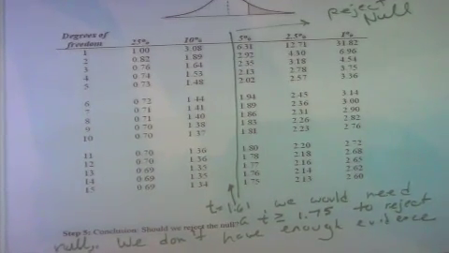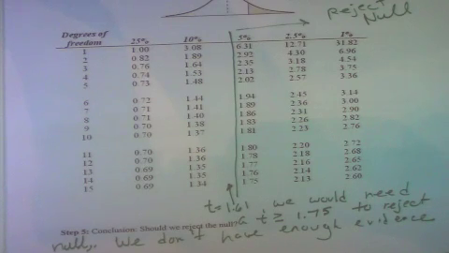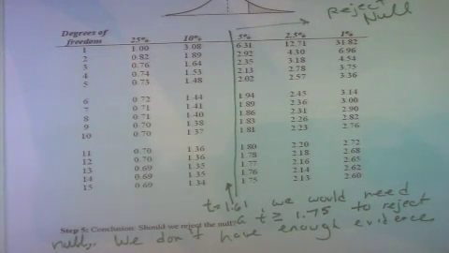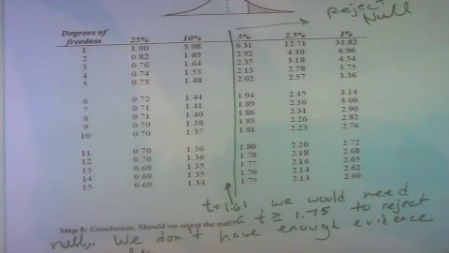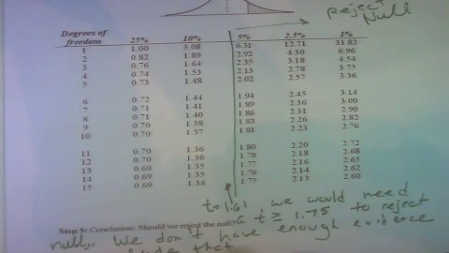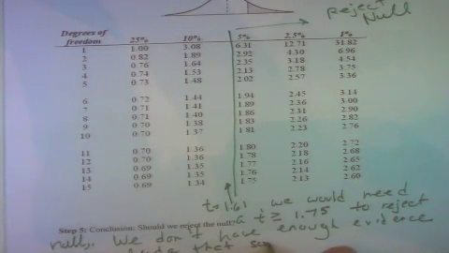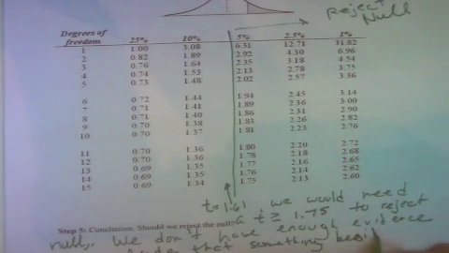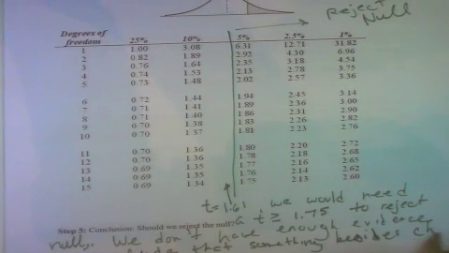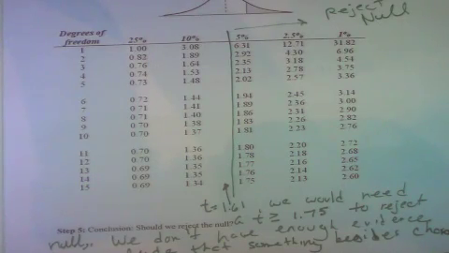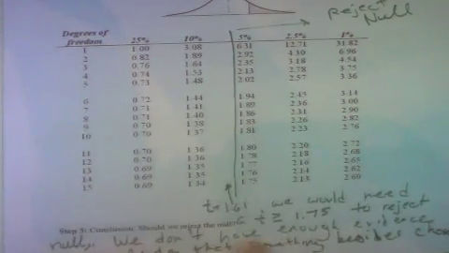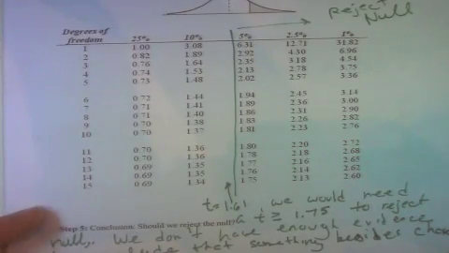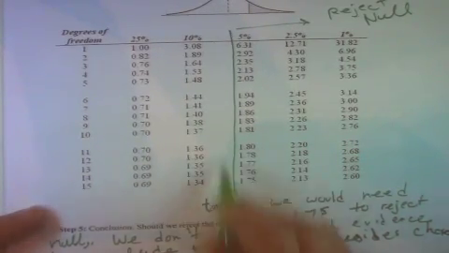Because we had more uncertainty. We don't have enough evidence to conclude that something besides chance is going on. In other words, P is about, what do you want to say, 7%?